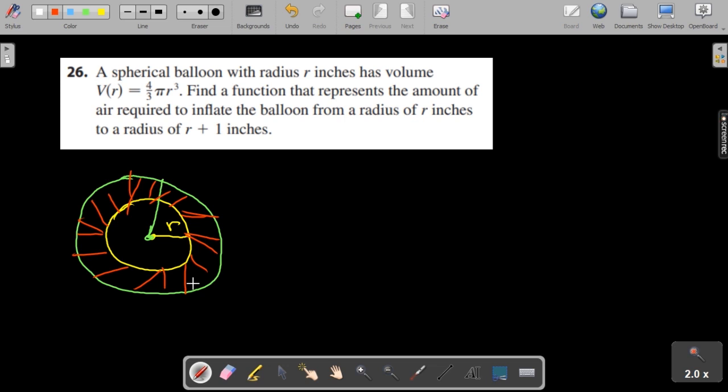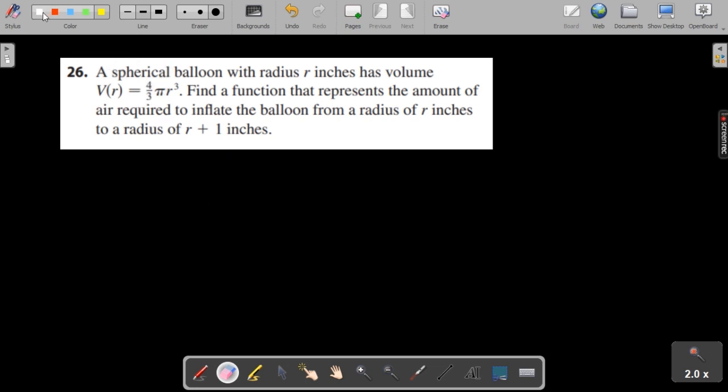So if we subtract this balloon which is inside from the green one, we will just have the red portion, which is the difference, and that difference is the air which we need to inflate the other one. So by subtracting, we're actually going to delete this portion. The only thing that remains is just the air in between. So that's the approach which we're going to use.